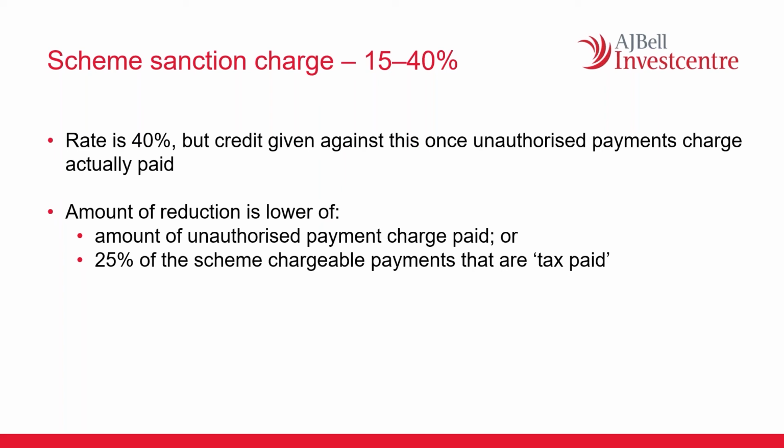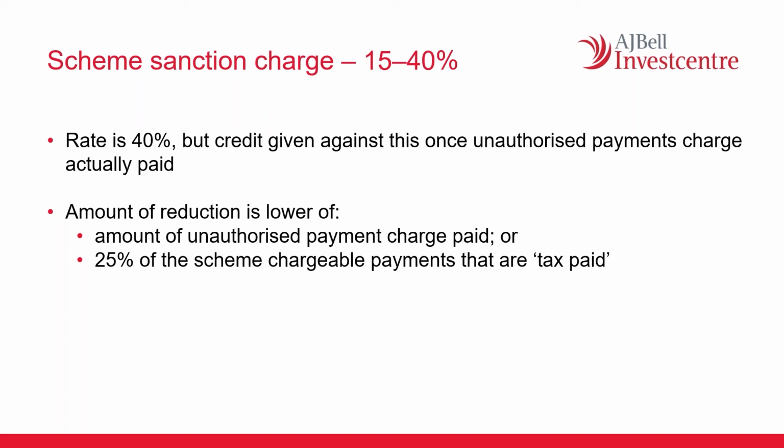but once the member has paid the unauthorised payment charge, a credit is given against it. It reduces the scheme sanction charge by the amount of the charge paid, or 25% of the scheme chargeable payments that are tax paid. So it reduces back effectively.